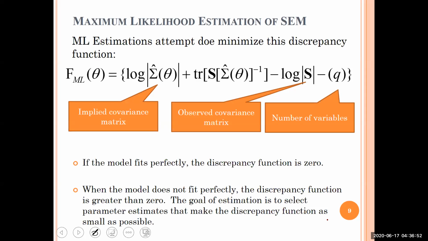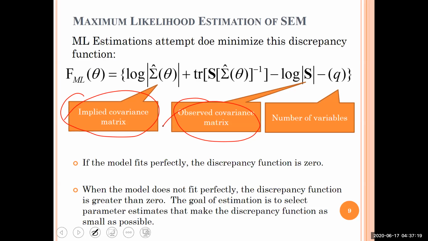So this discrepancy function is a way to quantify the difference between the implied covariance matrix. Remember, the implied covariance matrix represents what the covariance matrix should be if your model is correct. And the observed covariance matrix, which is the data, right? And if the implied covariance matrix matches exactly the observed covariance matrix, you have exact fit.